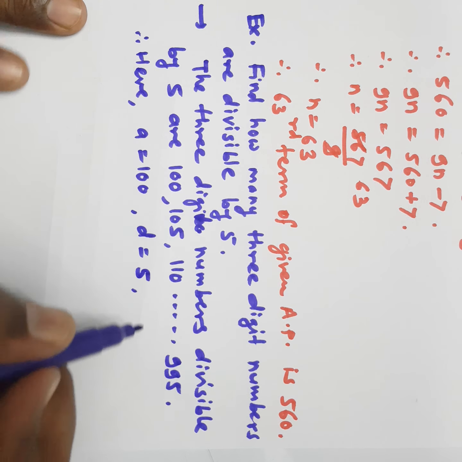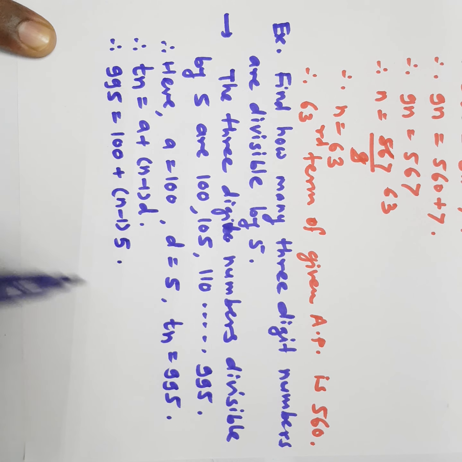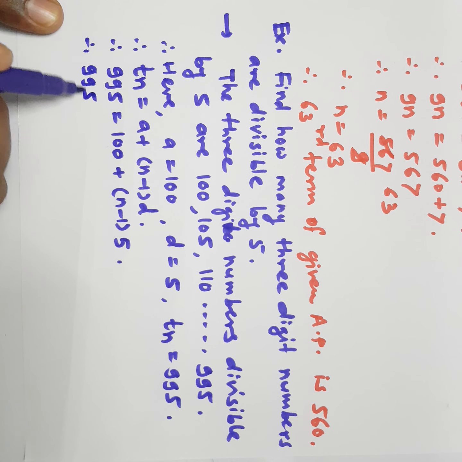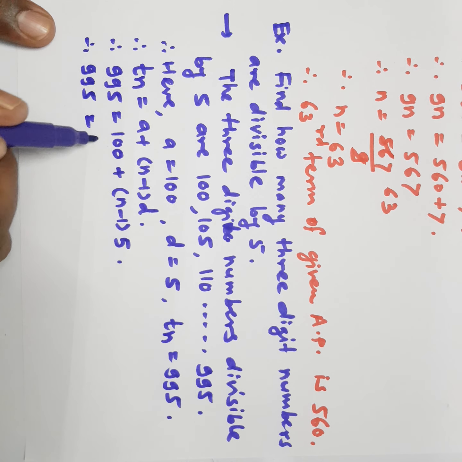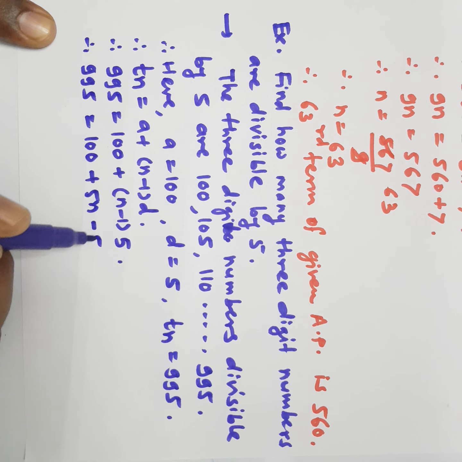Therefore, we will use the formula Tn is equal to A plus n minus 1 into D. 995 is equal to A 100 plus n minus 1 into D 5. Therefore, 995 is equal to 100 plus 5n minus 5.